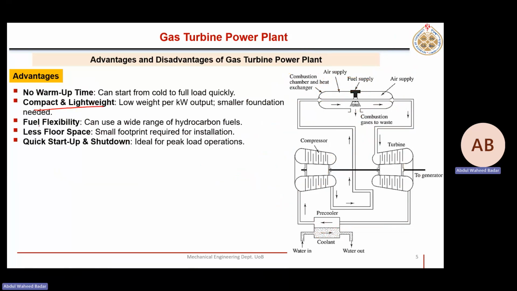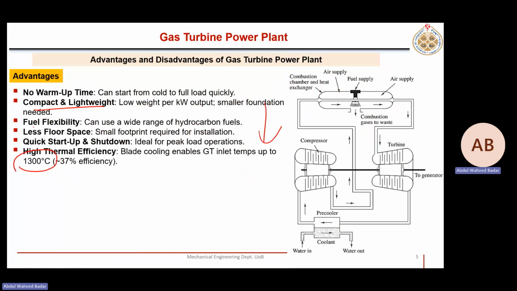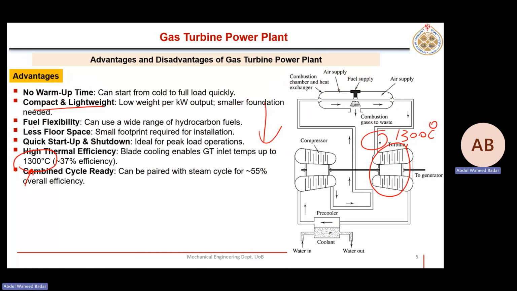The maximum temperature which we can obtain at the inlet of the turbine is around 1300 degrees Celsius. In case of steam power plant, it was restricted to 600, but here we can have higher temperature, but pressures are much lower than steam power plants. That's why here the turbine blades are of different material than steam power plants, which can sustain such high temperatures.